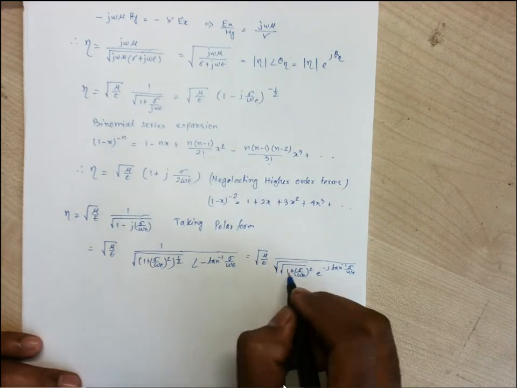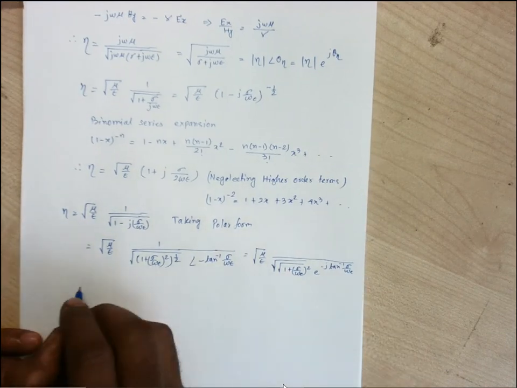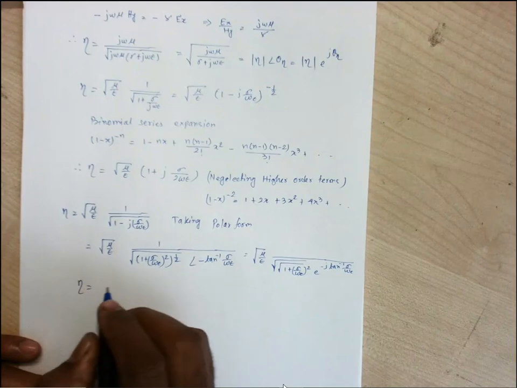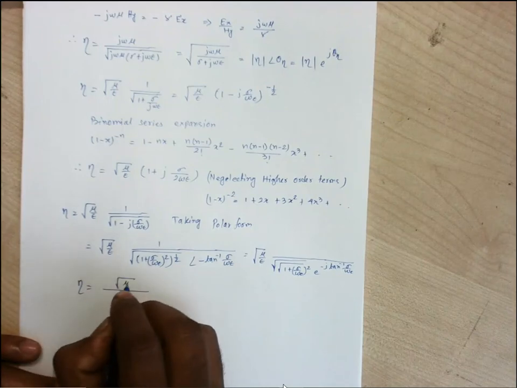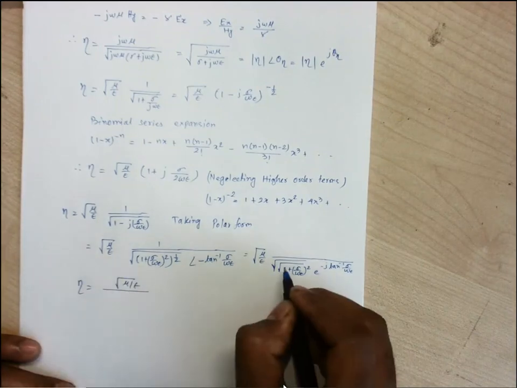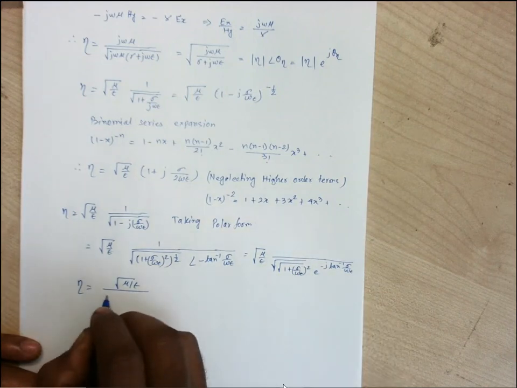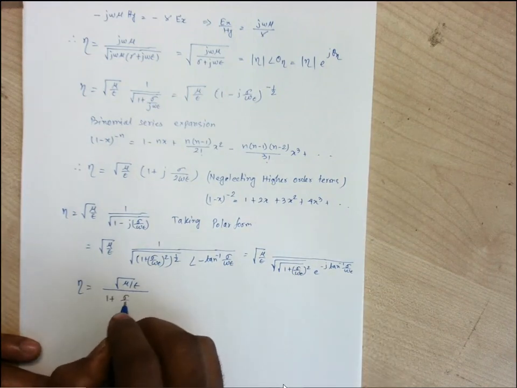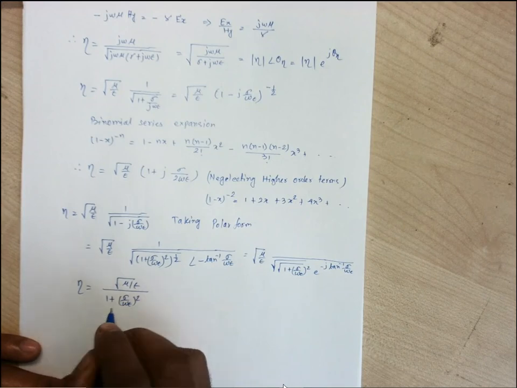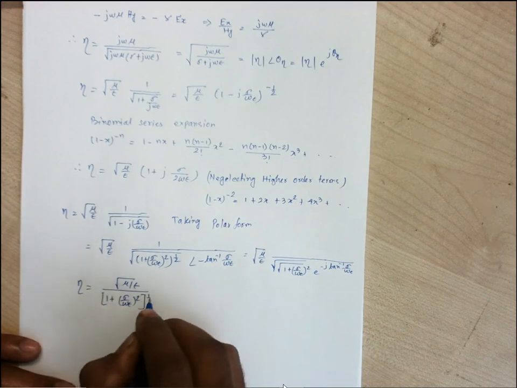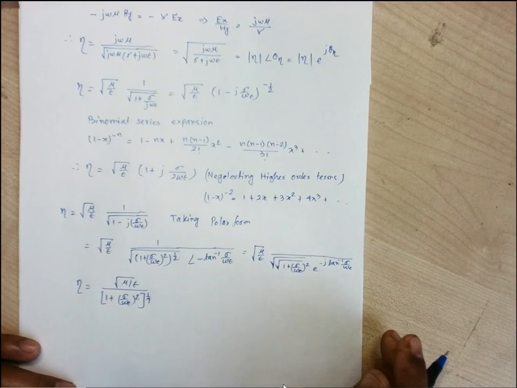So we can take out this value, that is eta is root over of mu by epsilon, it is 1 by 4th, right? 1 plus sigma by omega epsilon whole square whole to the power 1 by 4, root another root, and angle value.